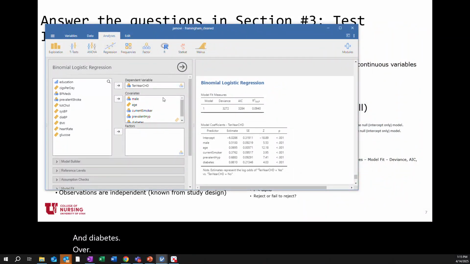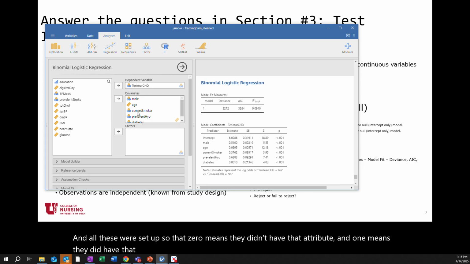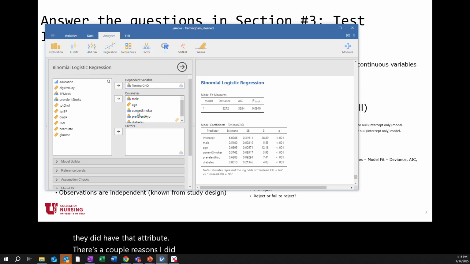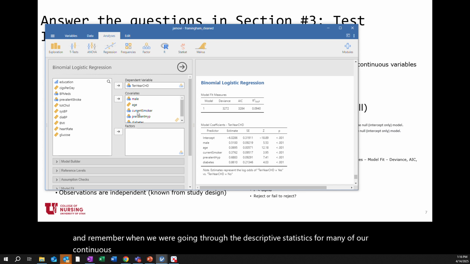So you'll notice that I picked all of these categorical dichotomous variables, and all these were set up so that 0 means they didn't have that attribute and 1 means they did have that attribute. There's a couple reasons I did that. It makes the output a little easier to look at for right now. And remember when we were going through the descriptive statistics for many of our continuous variables, we had a lot of outliers.